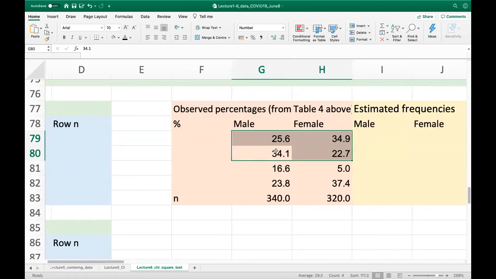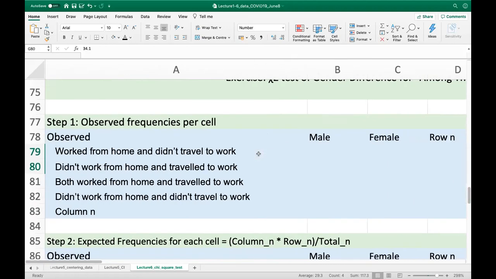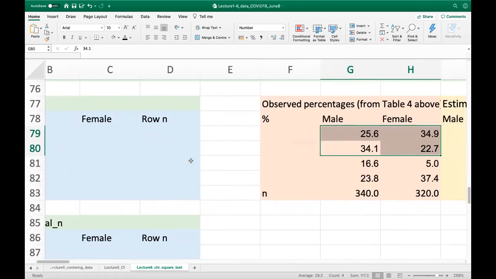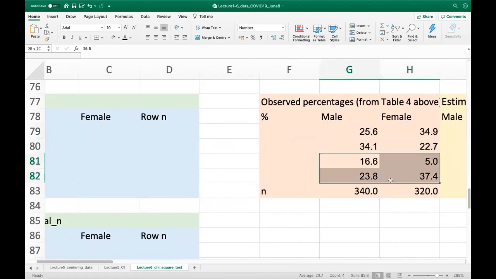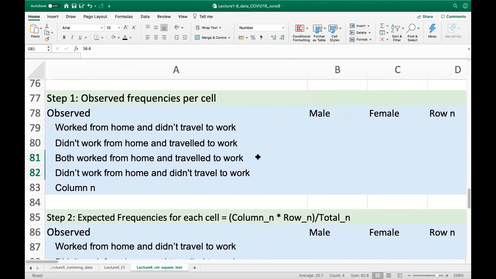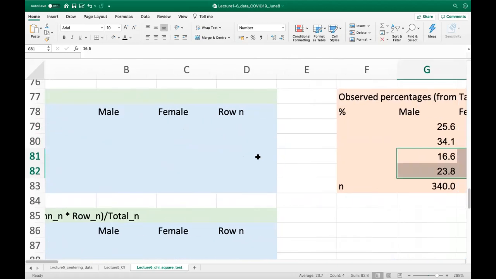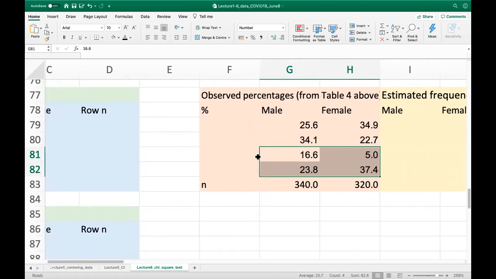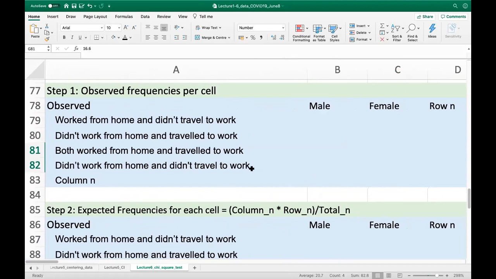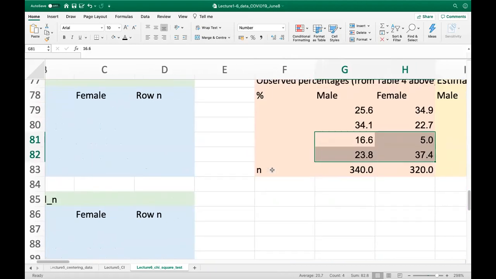So more males seem to travel to work than females, and the other way around for females. So females tend to work from home more and males tend to travel to work more during this pandemic. There are also some differences in how they reported both having worked from home and traveled to work, and both not working from home and not traveling to work.